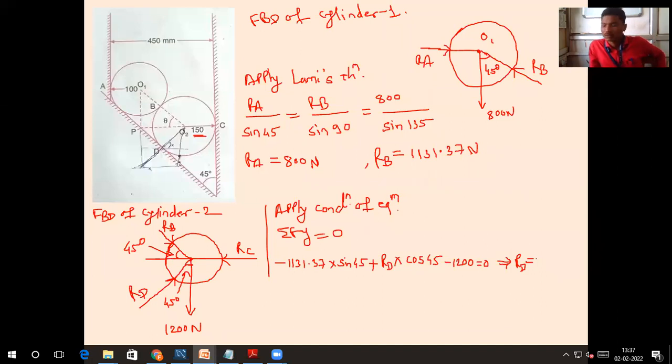Calculate how much RD is. So it will come plus, then minus, again minus, minus, plus. I think the value will be more. Just check.